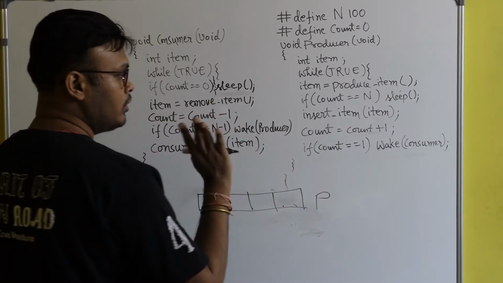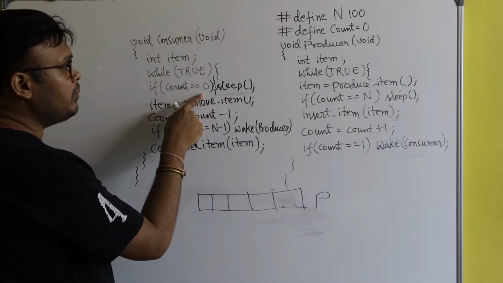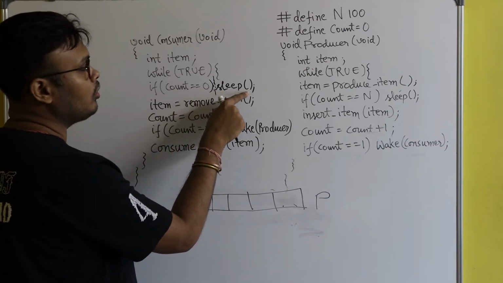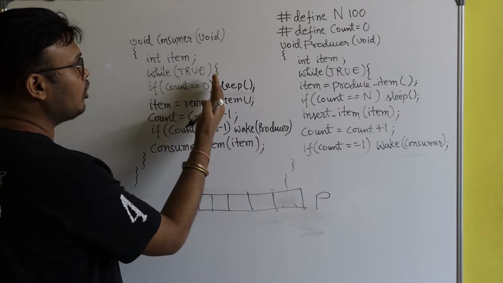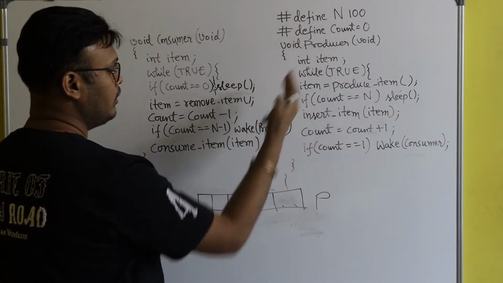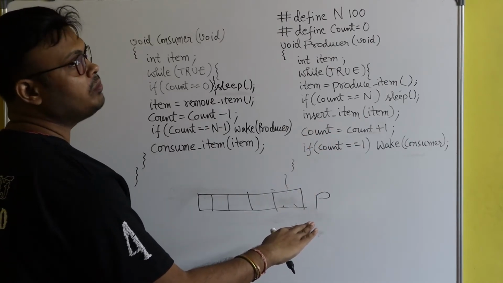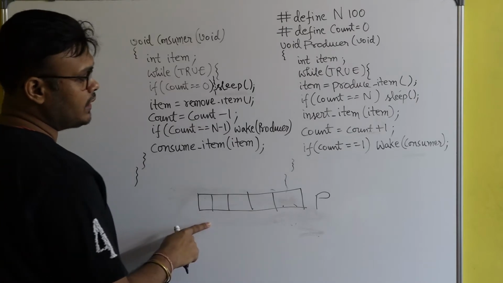Okay, although the consumer is not sleeping here because the consumer has not executed this sleep system call. Okay, because before executing the sleep system call, the context switching happened. But here the producer is thinking that the consumer is sleeping. Okay, because the buffer is empty.